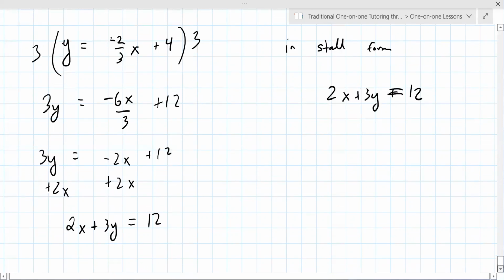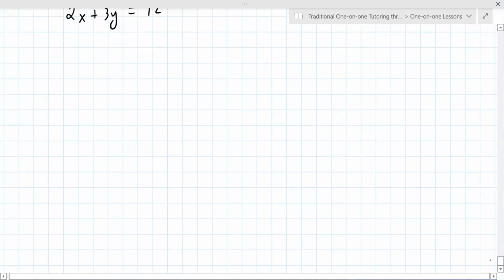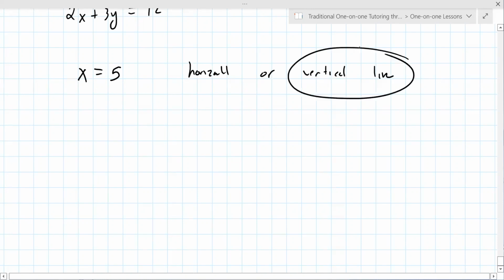All right, very good. So new question here. Is x equals 5 a horizontal or vertical line? It's vertical. It is vertical. Very good. Okay, y equals negative 3/2 x plus 2. What is the slope and what is the b value?